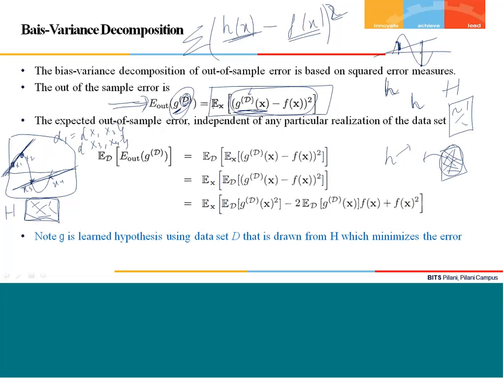And expected value over x means, on an average, what is the expected value, or what is the expected error for a given x, right? So let's understand it more clearly from this expression.